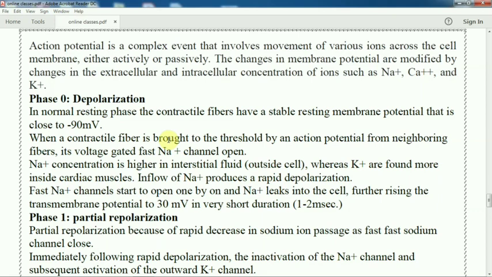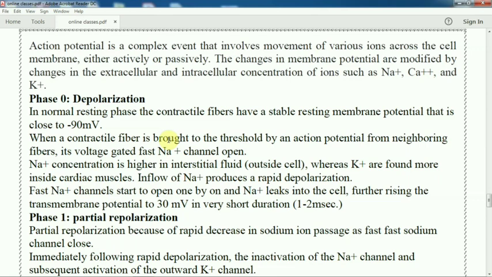Next, phase 1, partial repolarization. It is partial repolarization because of a rapid decrease in sodium ion passage. Whatever sodium entered the cell from outside to inside immediately decreases, as the fast sodium channel closes.